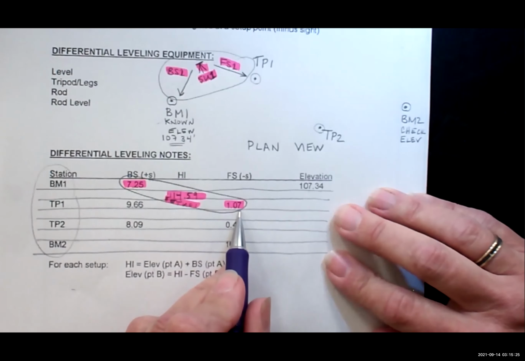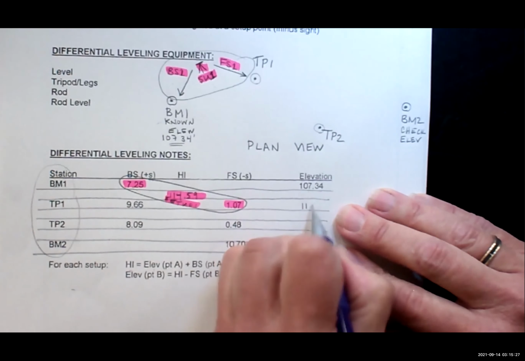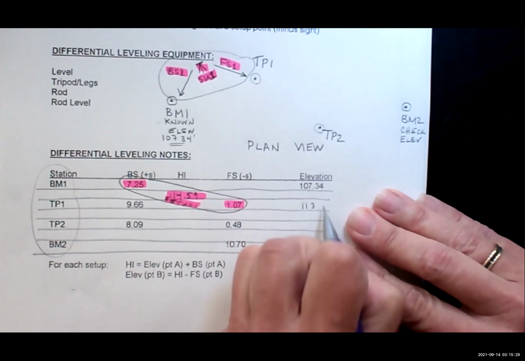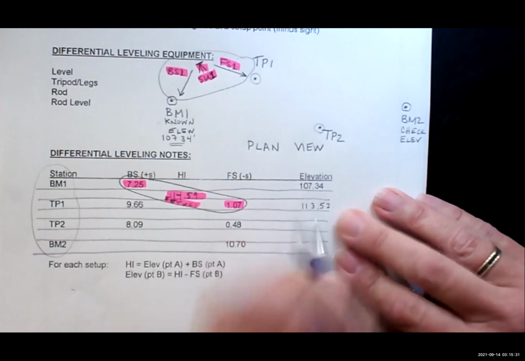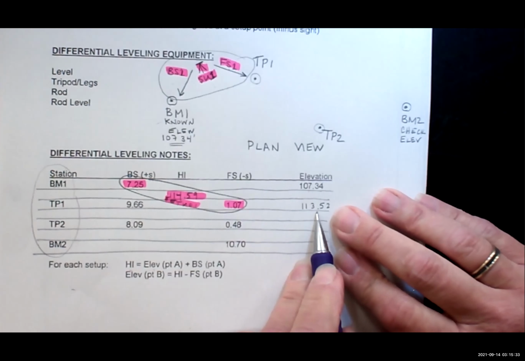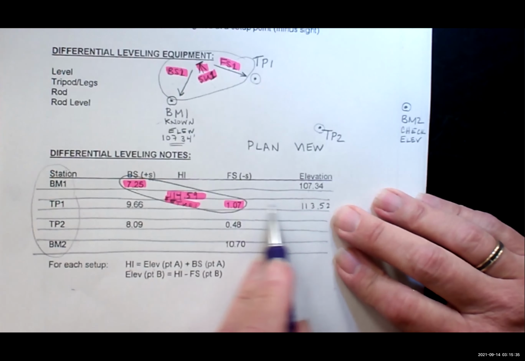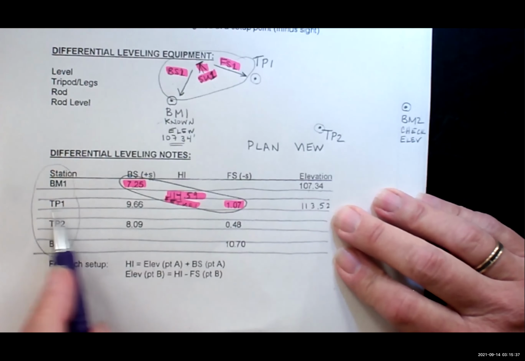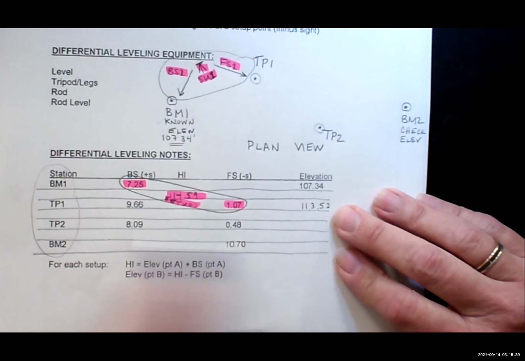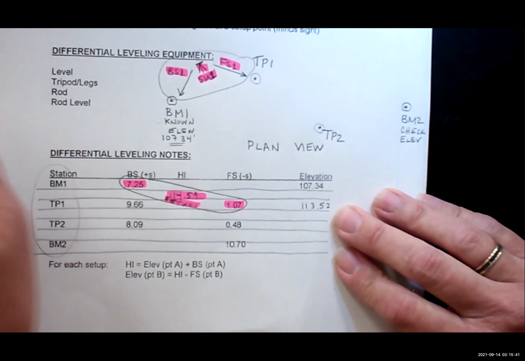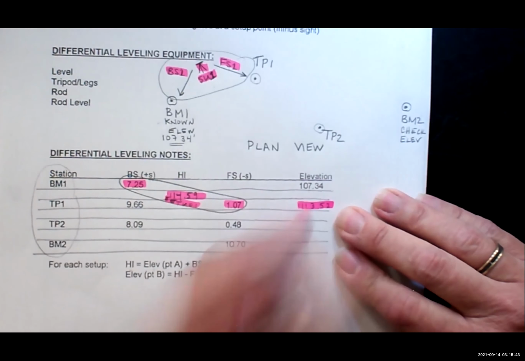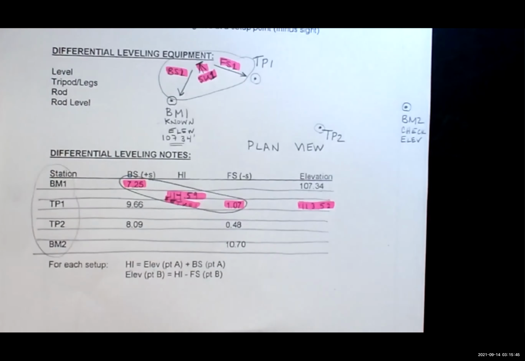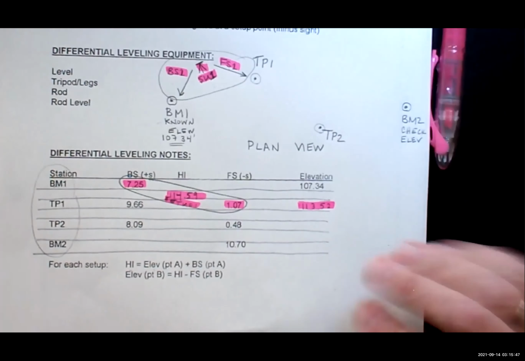Subtract it. 114.79 minus 1.27 is 113.52. And what does that number end up being? Notice it's written on the same row as turning point 1 because it's the elevation of turning point 1 from setup 1. Nice. Does that make sense?